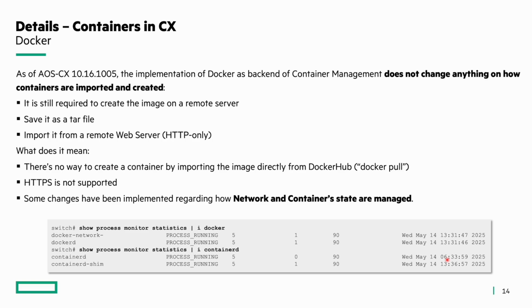So what does it mean? It means that there is no way to create a container by importing the image directly from Docker Hub. So Docker pull won't work on AOS-CX. HTTPS is not supported, but in the meantime, some changes have been implemented regarding how network and container state are managed in the backend.